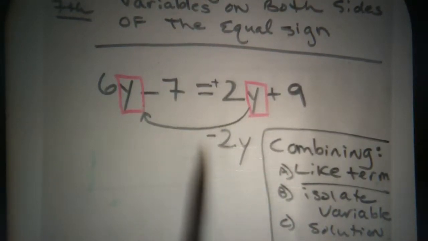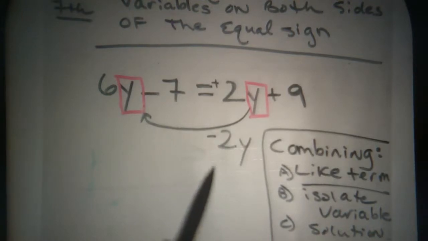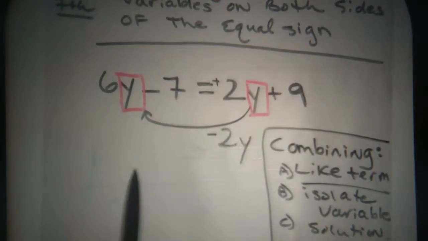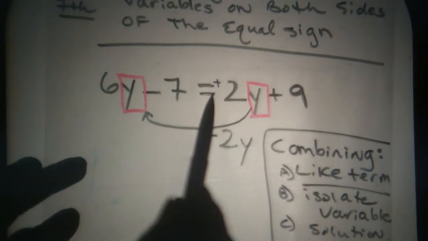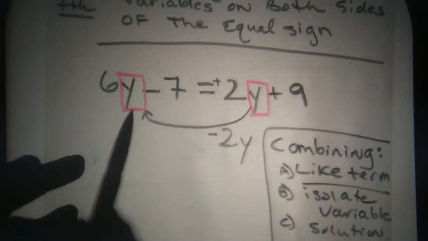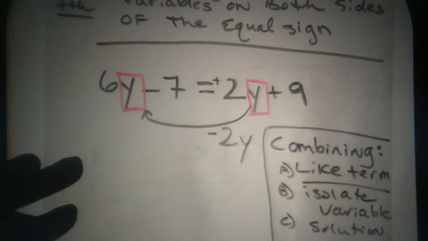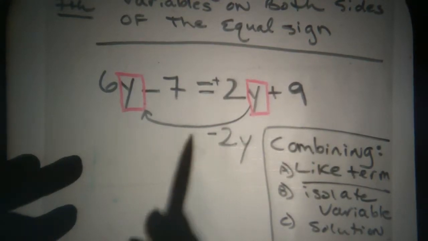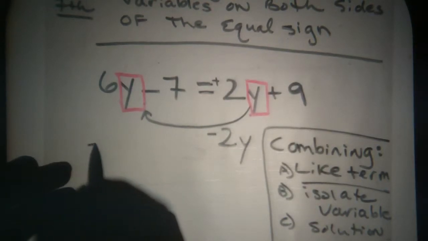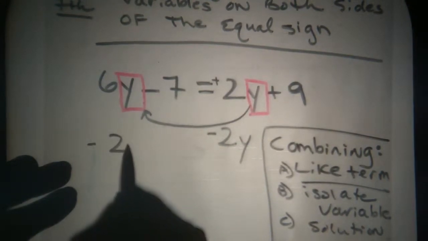Our mantra on this one is what I do to one side, I must do to the other, which means what I do to one side of the equal sign, I must do to the other side of the equal sign. So if I'm subtracting 2y on this side of the equal sign, I need to subtract it with its like term on this side of the equal sign.